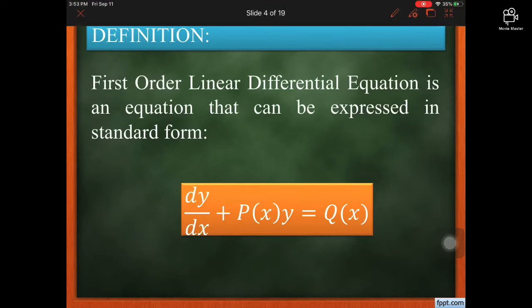We need to remember that this form indicates a first order linear differential equation. Any function with the y is called the function p, and any function that only includes the x is called the function q.